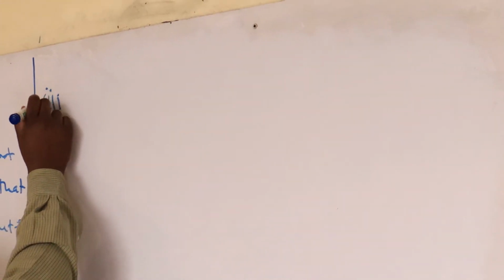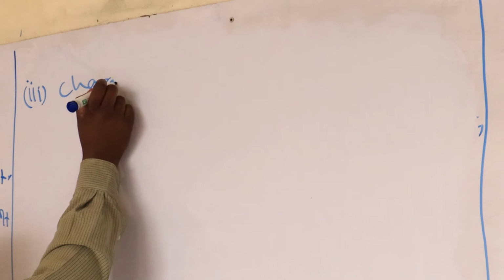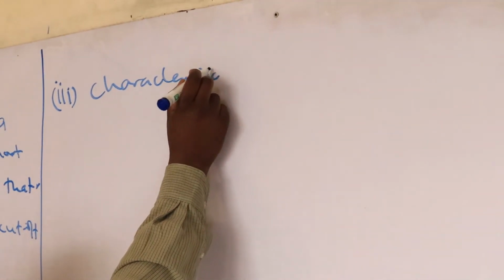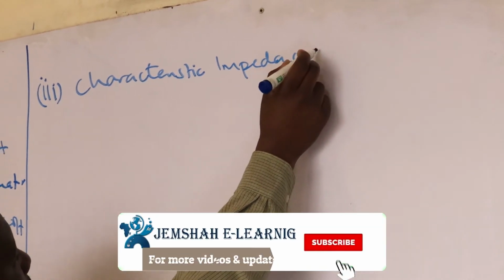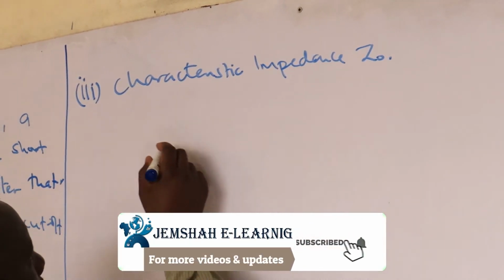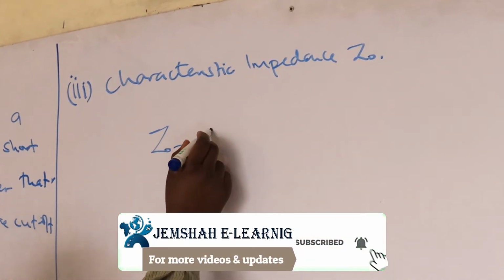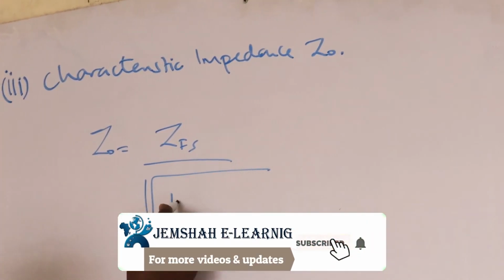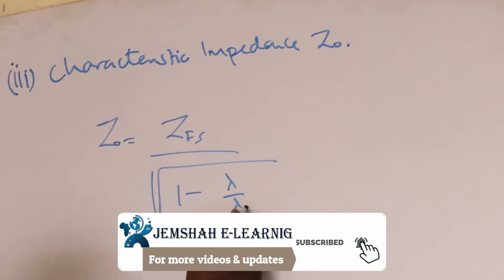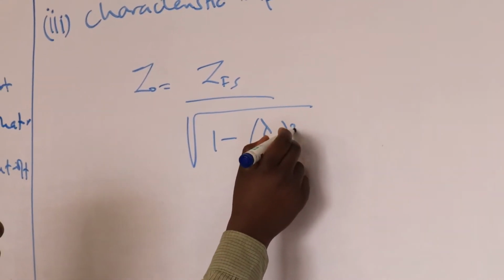So Roman 3 is what helps us to ask for the characteristic impedance Z0. So Z0 is supposed to be ZFS over the square root of 1 minus (lambda over lambda C) squared.